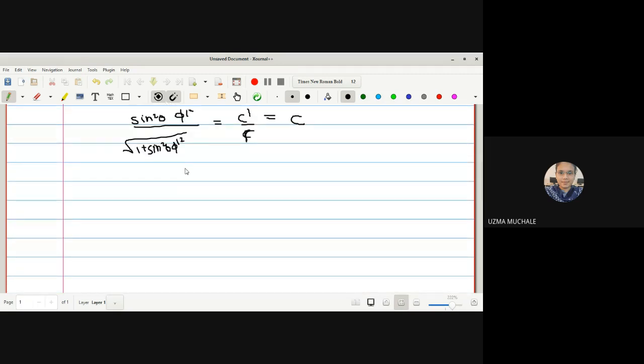Correct. Now we can write phi dash sine square theta equal to c into under root of 1 plus sine square theta into phi dash square.